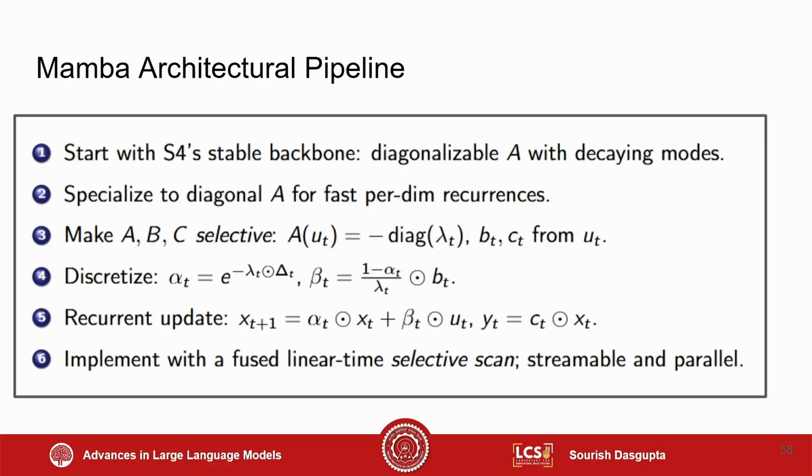Then apply the recurrence using those gates, and do the selective scan algorithm, which means you just keep looking at the previous alpha and the previous beta. You don't have to look at every single alpha that you have created before. It's basically linear. You just move forward.